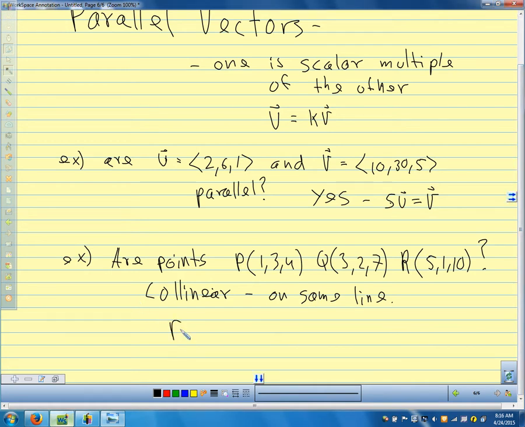We want the component form of the vector from P to Q, and then we also want the component form of, we could do Q to R, but I like to start at the same point. So from P to R.